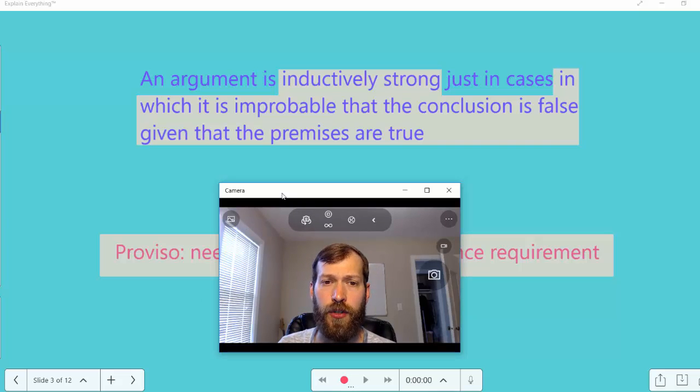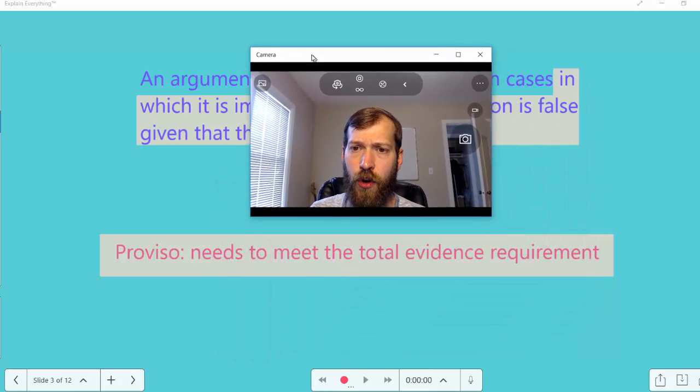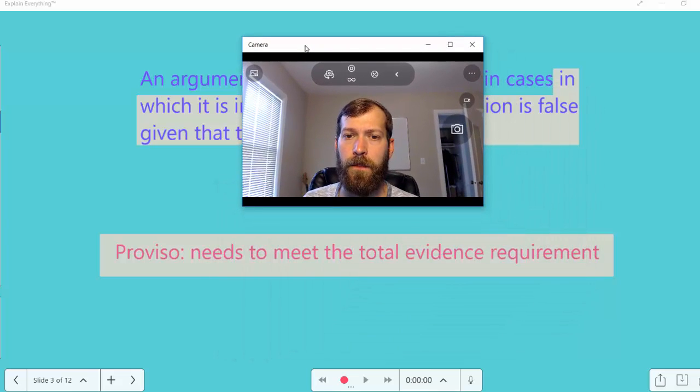All right, so that's our definition of an inductively strong argument, but we need to add another provision, or proviso, to this. So in order for it to be a strong argument, it needs to meet the total evidence requirement.